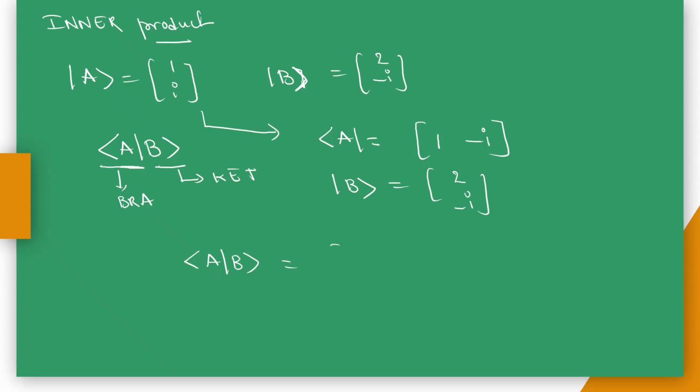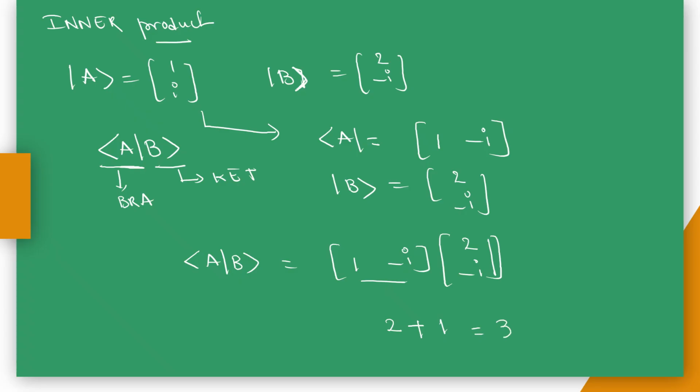So I write it as (1, minus i) times (2, minus i). 1 into 2 is 2. And then minus i into minus i, that is i square, which is taken as minus 1.